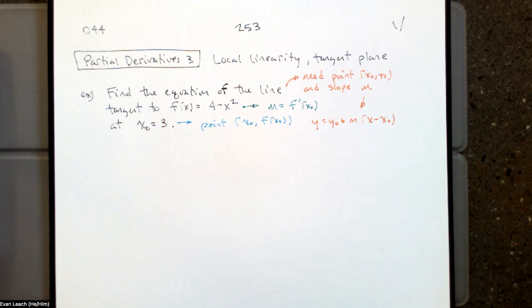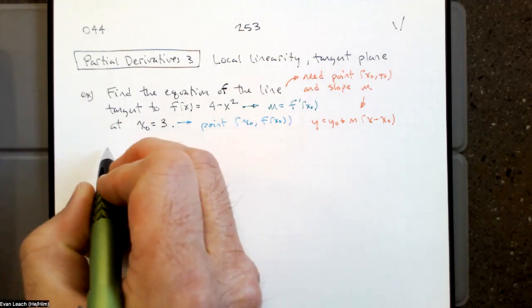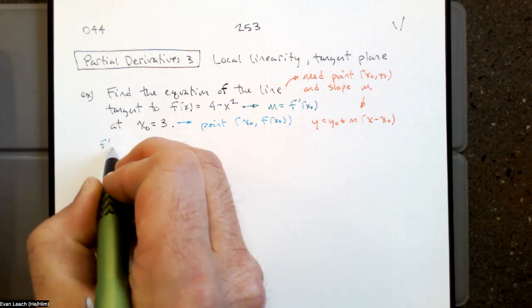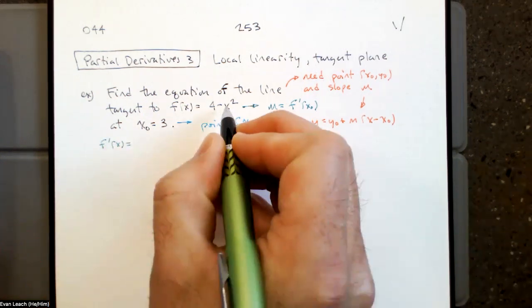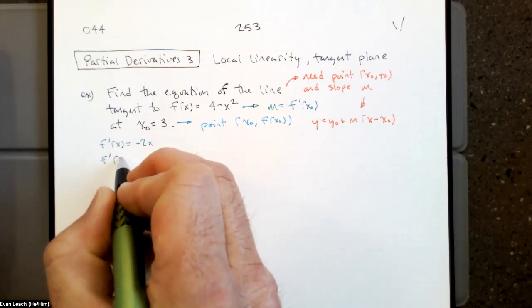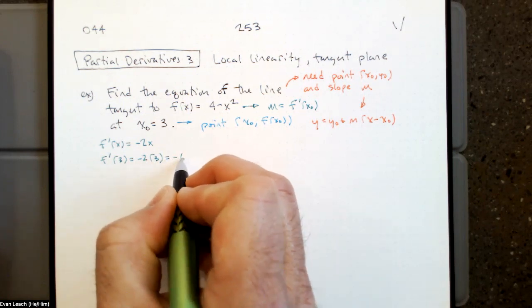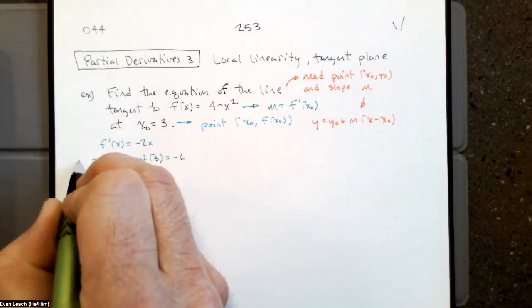And the point we find just by plugging in. So easy enough to do. We find the slope by taking the derivative. So f prime at x is negative 2x. And so f prime at 3 is negative 2 times 3, or negative 6. And that's going to be our slope.